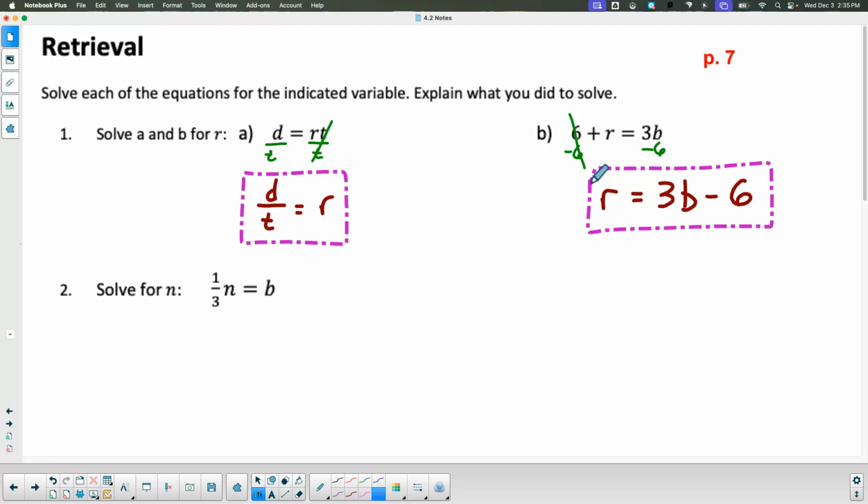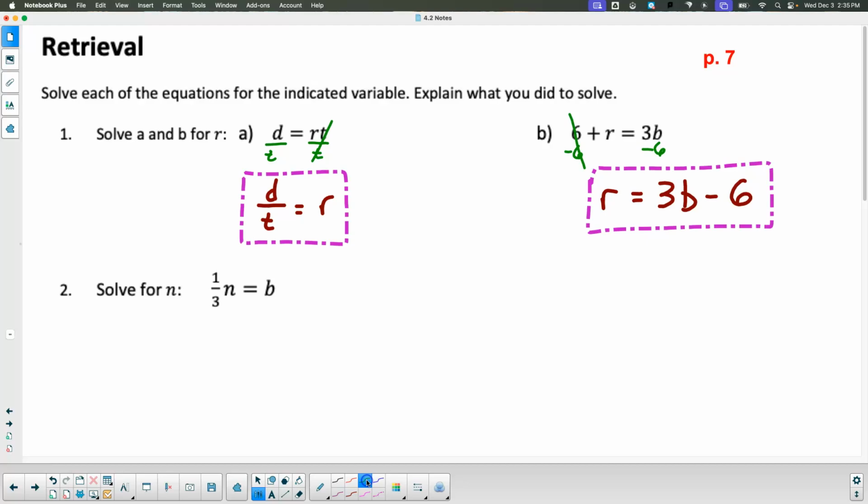Number 2, I want to get N by itself. So what would I do? Number 2, go ahead. Can you multiply both sides by 3? I can multiply. I really want, because it's 1/3 times N, right? So I really want to divide by 1/3, but dividing by 1/3 is the same as multiplying by 3. Yep, exactly.